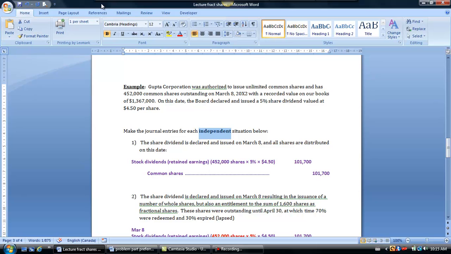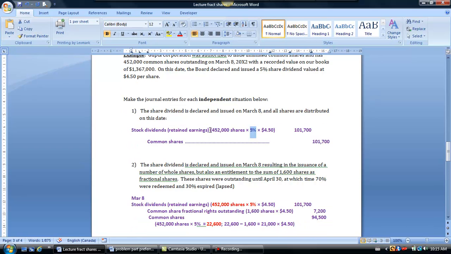So now it says here, if the share dividend is declared and issued on March the 8th and all the shares are distributed, well, this is something you should know. We would debit our stock dividend for the value of the share dividend. So we're going to take the total number of shares we have, multiply it by the rate of the share dividend so we can calculate how many new shares are created, okay?